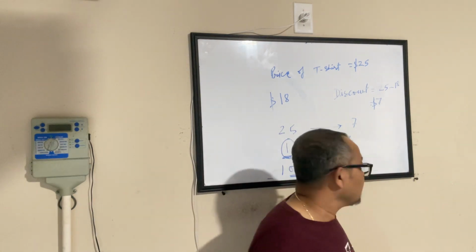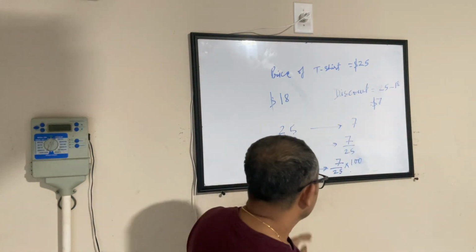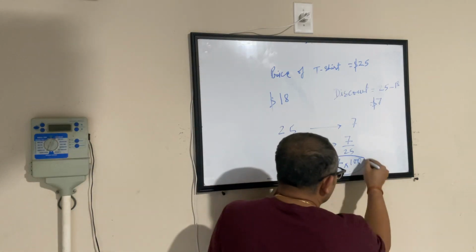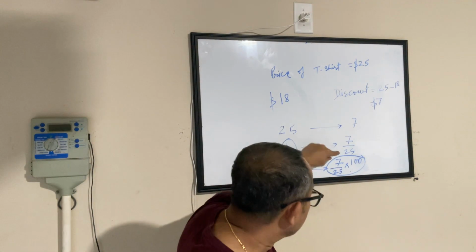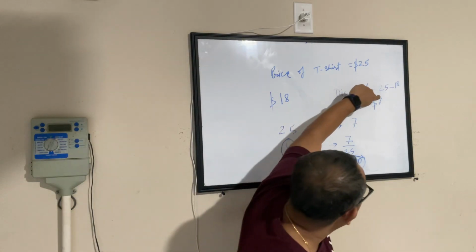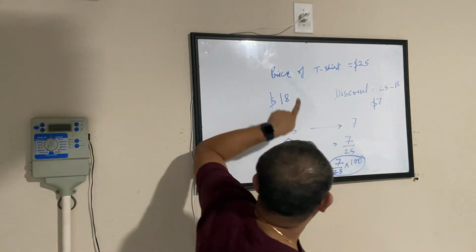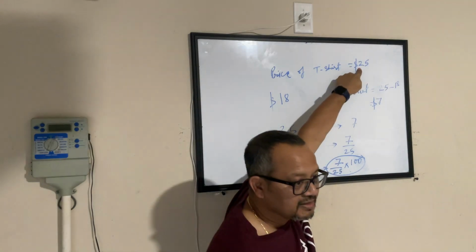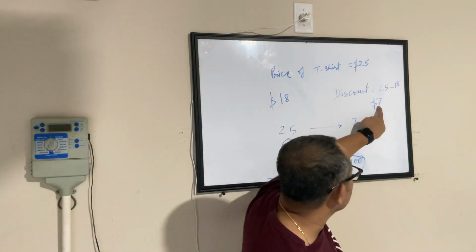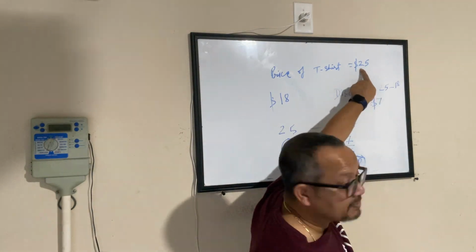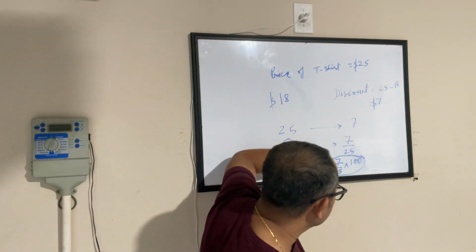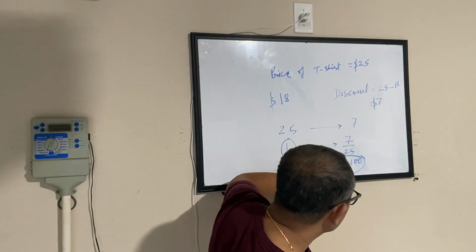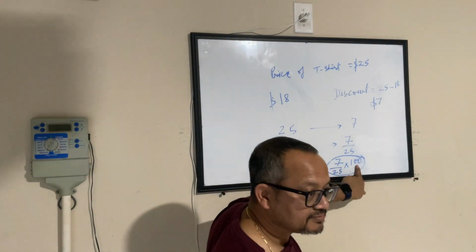No denying that. What I'm saying here is this becomes a formula for any calculation in future. I was trying to find out 7 is what percentage of 25. The $7 discount was what percentage of the 25? 7 is the numerator, 25 is the denominator, times 100.